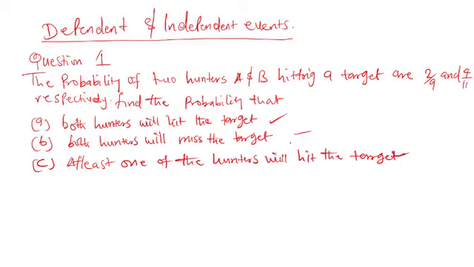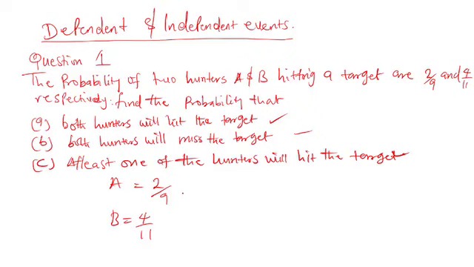Now, let's apply a normal knowledge on this. We said the probability of two hunters A and B hitting a target are 2/9 and 4/11. Using the word respectively, the probability of A hitting is 2/9, and probability of B hitting the target is 4/11. But remember what I told you in our previous lesson, that the summation of probabilities of an event happening and not happening gives you 1.